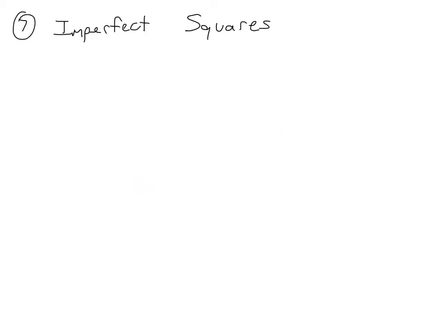Well, if we have perfect squares, then we're probably also going to have imperfect squares, right? Something that is not perfect. So if a perfect square is a number that can be reached by multiplying some other number times itself, such as 16 is a perfect square because 4 squared, 4 times 4 equals 16. What about 17?